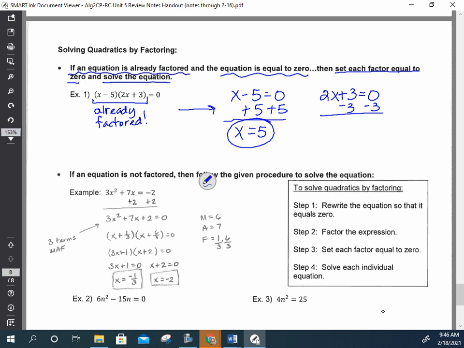Subtract 3, and then divide by 2. So there's your two answers.